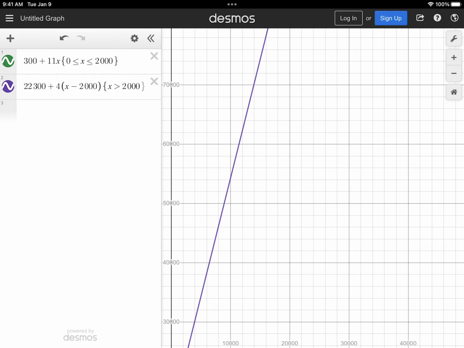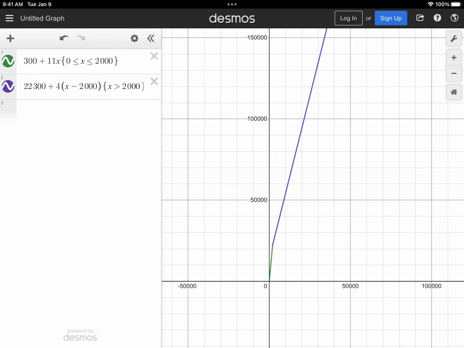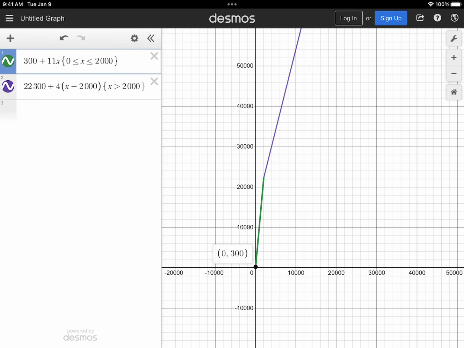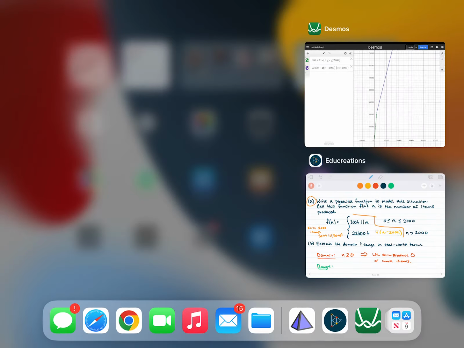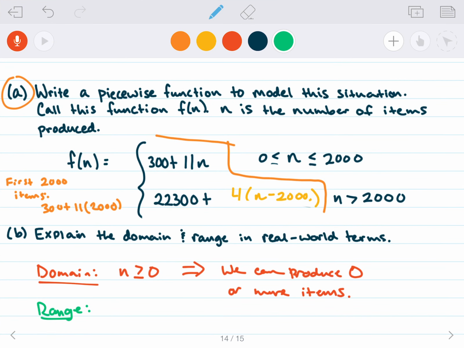So our range is how far down to how far up does this thing go. And we can see that the very lowest point that this thing goes is 300, and the highest point it goes is forever and ever, right? So the range is going to be f of n is bigger than or equal to 300.